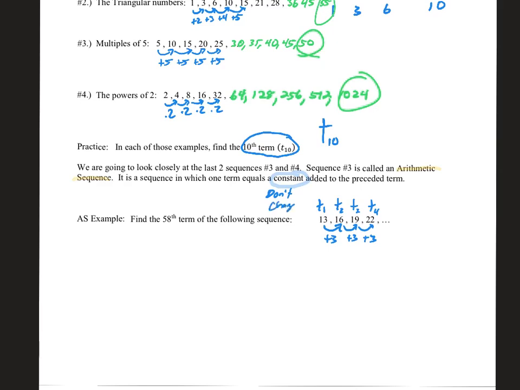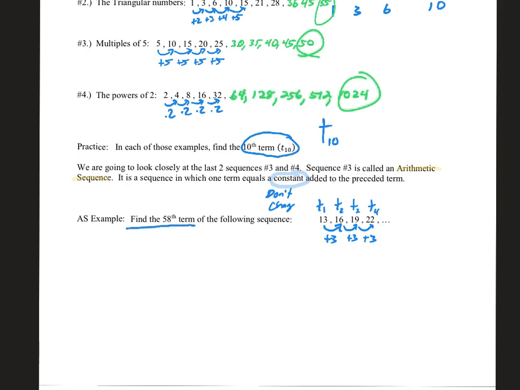You see, in the first two examples, the triangular numbers and Fibonacci, you are constantly adding, but you're adding a different value each time. When you add the same value, that's what is called a constant. And so in this problem, it says find the 58th term.